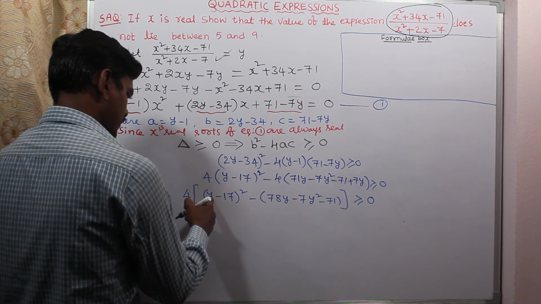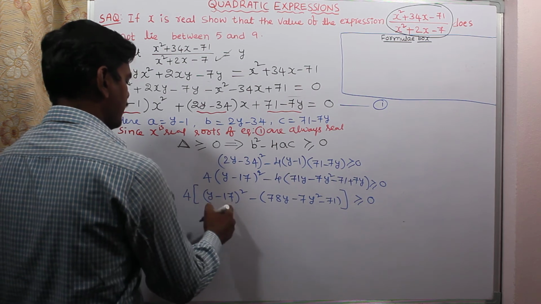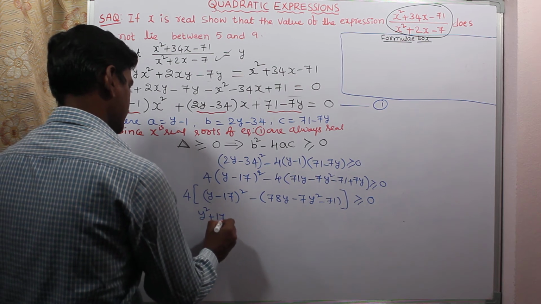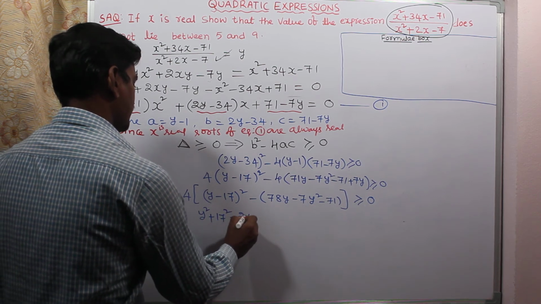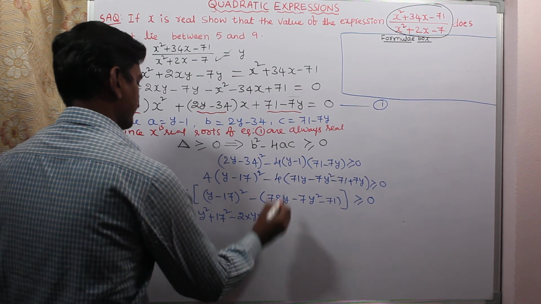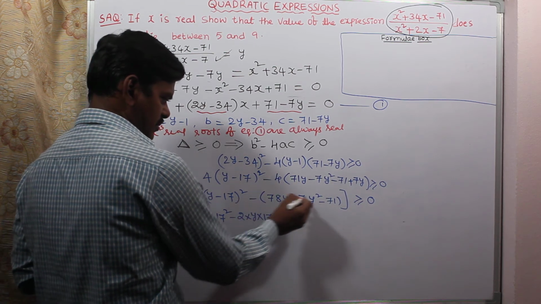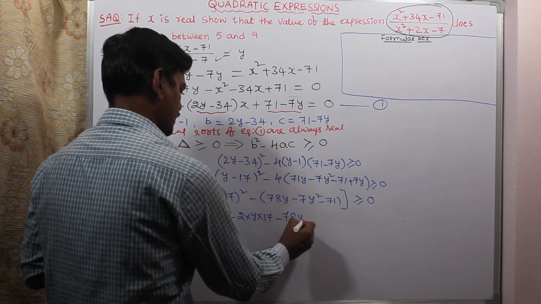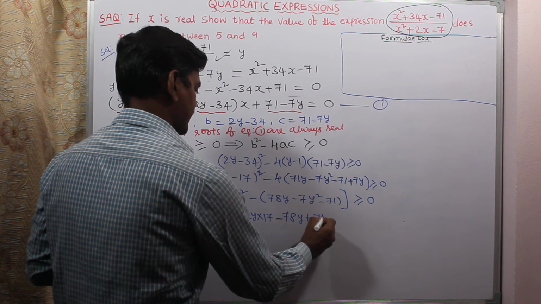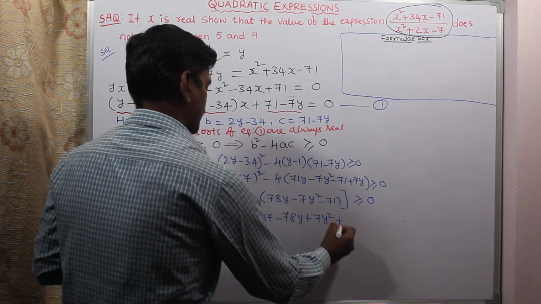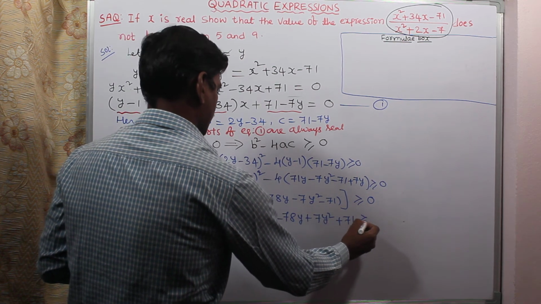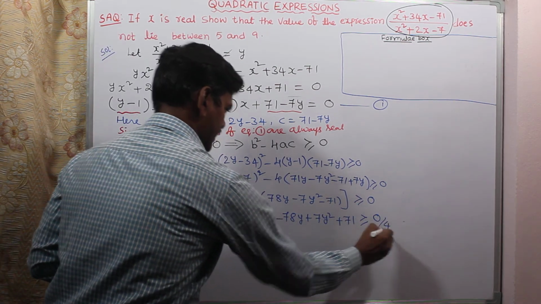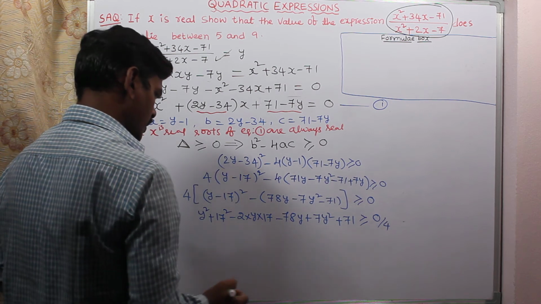We are left with (y minus 17) whole square, which is of the form (a minus b) whole square, a square plus b square minus 2ab. Now the minus applies to each and every term of this bracket: minus into plus, minus 78y; minus into minus, plus 7y square; minus into minus, plus 71, greater than or equal to 0. 0 by 4 is nothing but 0.